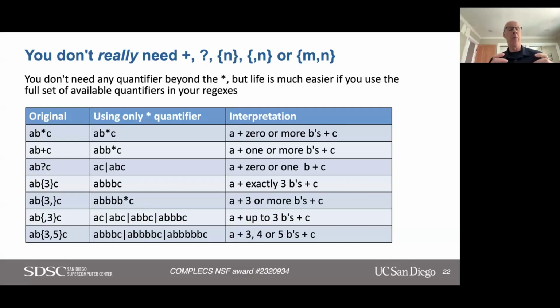If we wanted 3 or more, we would need BBB, B star. And then as we start getting into the case where we need up to a certain amount or a range, now we need to start explicitly writing out all of the possibilities. So again, doable, but it gets a little ugly, a little tedious.